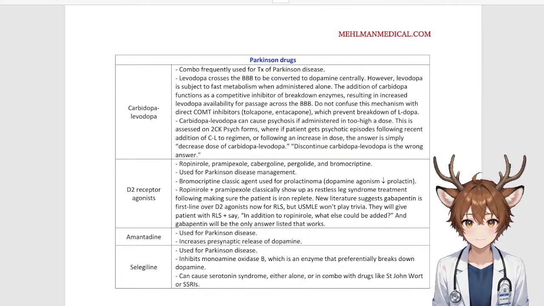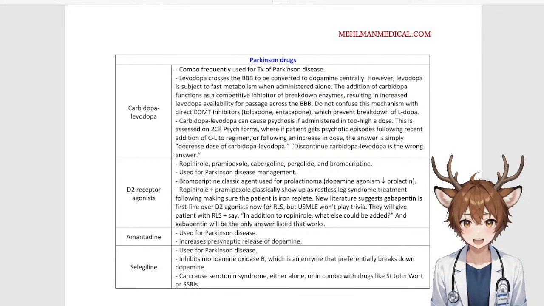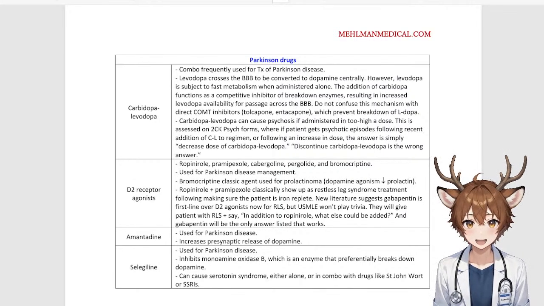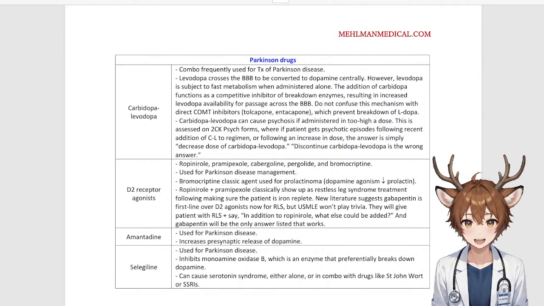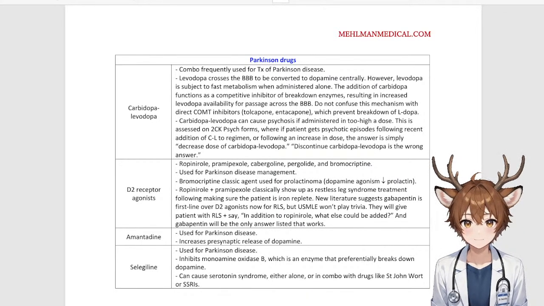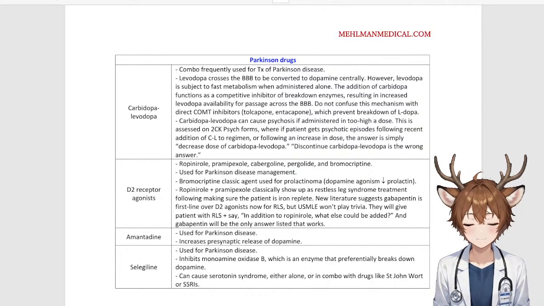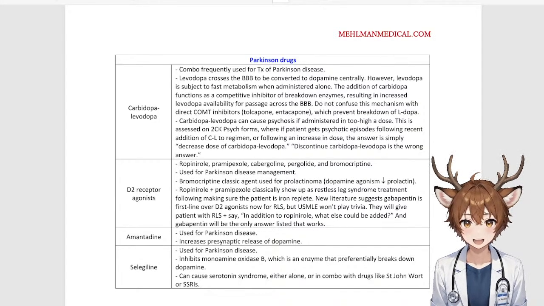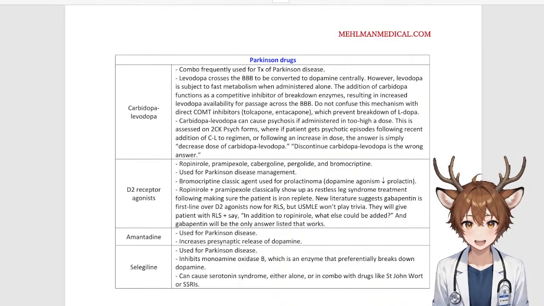Parkinson's drugs. Carbidopa and levodopa: the combination is frequently used for treatment of Parkinson's disease. Levodopa crosses the BBB to be converted into dopamine centrally. However, levodopa is subject to fast metabolism when administered alone, which means that if it becomes dopamine before it gets to the central nervous system, it's going to get stuck in the peripheral system and therefore not be useful for Parkinson's treatment.